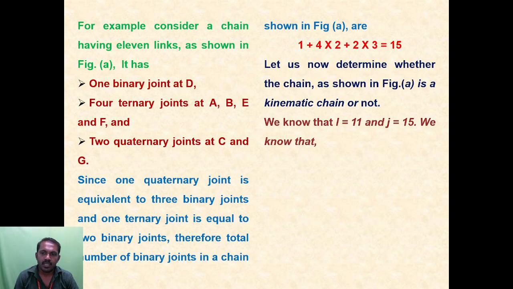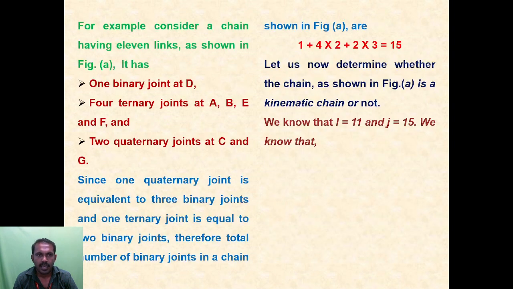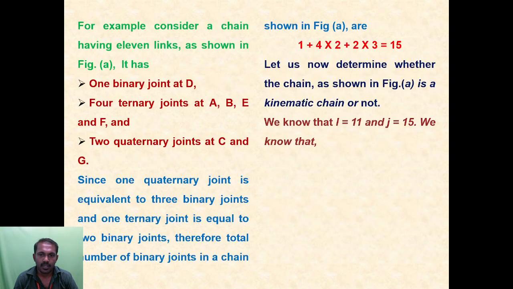And the number of joints is 15 because there is one binary joint at D, so 1, and 4 ternary joints A, B, E and F. A ternary joint we consider as 2: A means 2, B 2, E 2 and F 2. So totally 8, plus D 1, that is 9. So 9 joints are there.